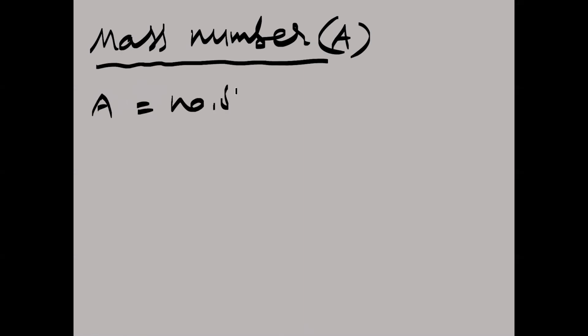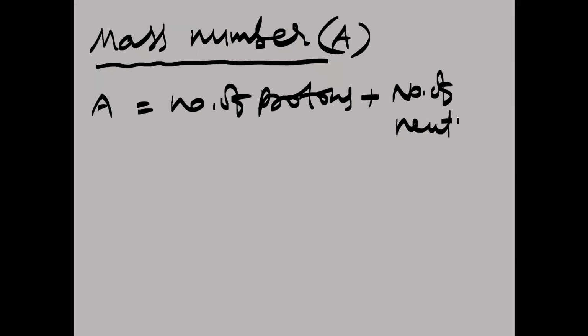A is equal to number of protons plus number of neutrons. Now number of protons is nothing but atomic number.